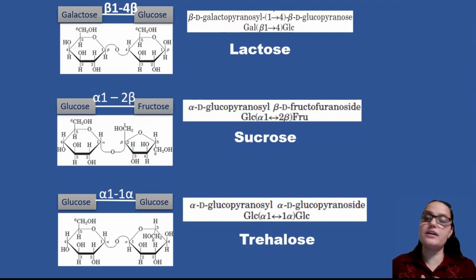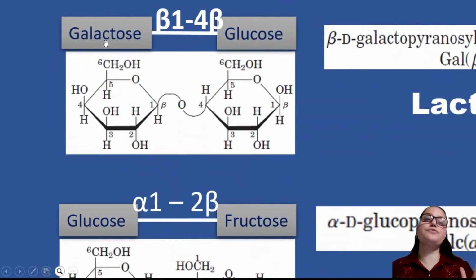You must have heard about the term lactose intolerance, which is caused by the lack of production of an enzyme called lactase, which digests this lactose, right? So first of all, let's understand what this lactose is. Lactose is composed of two monosaccharide units, both aldoses. One is galactose and the second one is glucose.